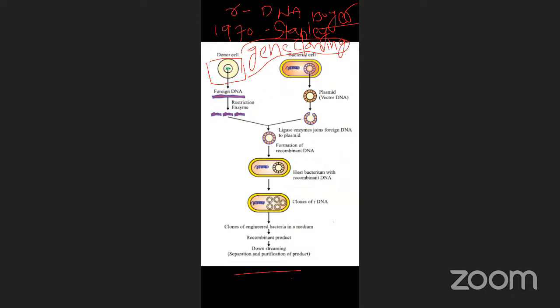This is the donor cell, and this green color is the desired gene or foreign gene. So first of all, we have to identify it. That is the first step.